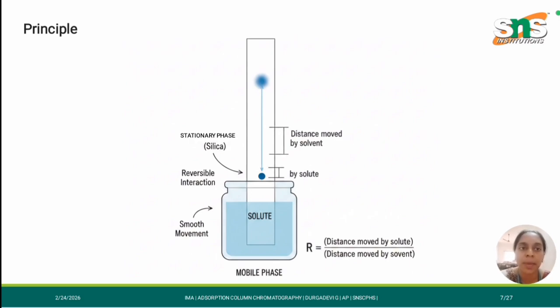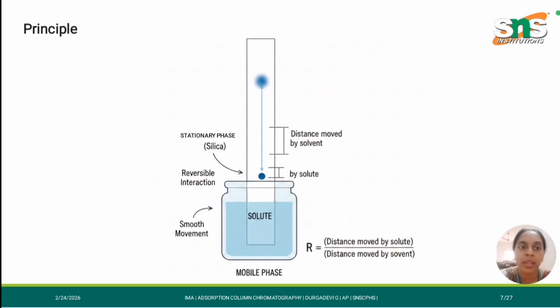The principle involved here is adsorption or partition. Adsorption applies if your stationary phase is solid and the mobile phase is either liquid or gas. Partition applies to chromatography where the stationary phase is a liquid and the mobile phase is either liquid or gas.